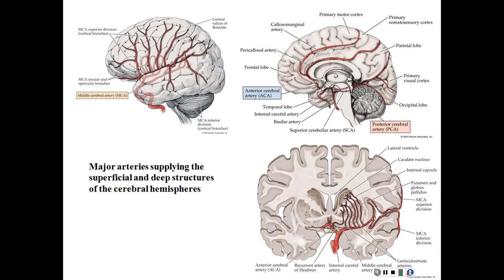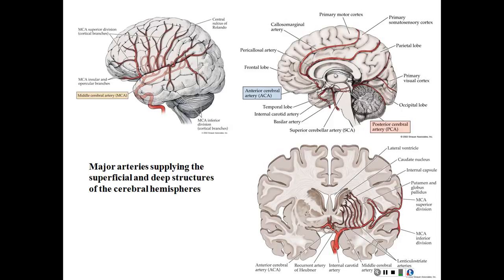So with the middle cerebral artery, this came up the other day, so I just want to reiterate something that Dr. Cooper's probably already done. This middle cerebral artery is a major branch off the internal carotid. And it immediately goes deep into the brain, giving off these lenticulostriate arteries, which supply the basal ganglia, which we'll cover tomorrow morning. And then it comes out superficially, and it goes either superior or inferior.